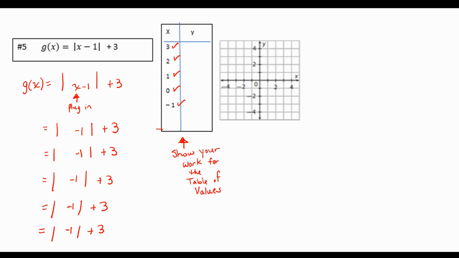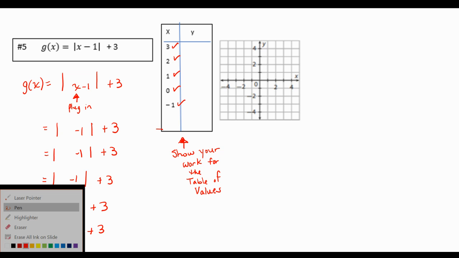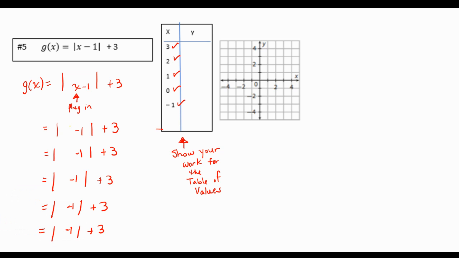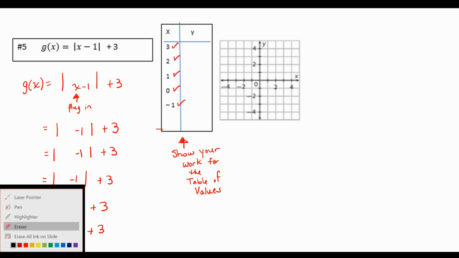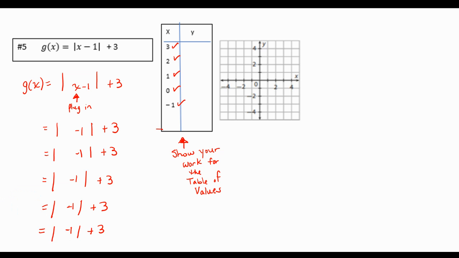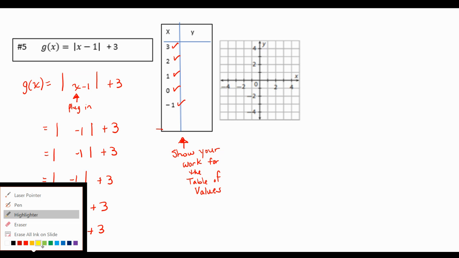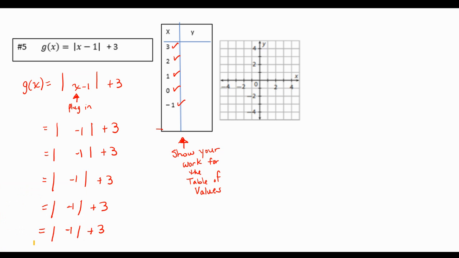And now in this empty spot, oh, you can't see that very well, can you? Let me get rid of that. Let's try this one. In this empty spot, I'm going to plug in the x value from over here.